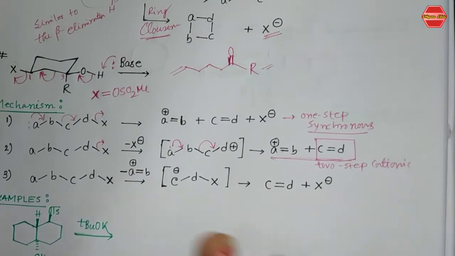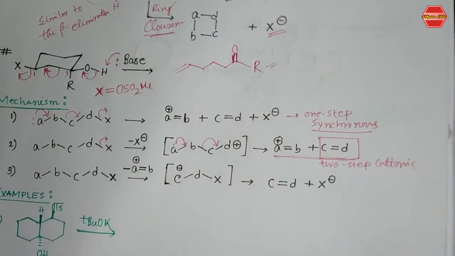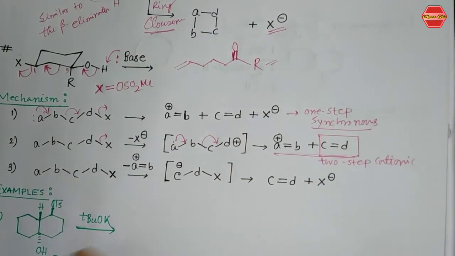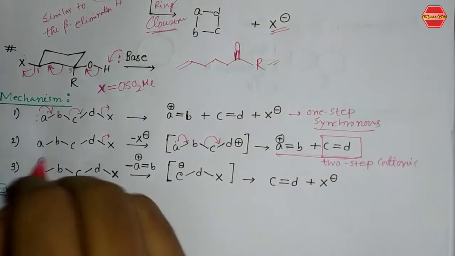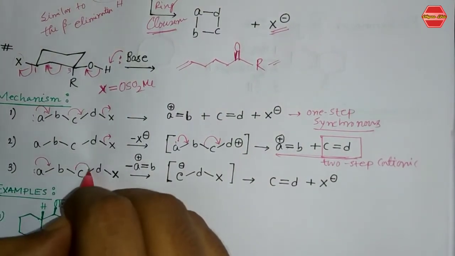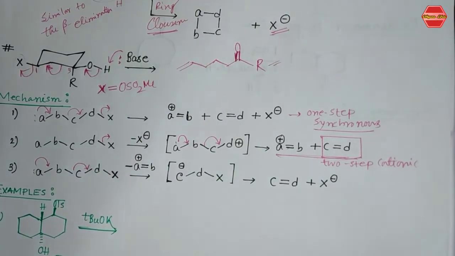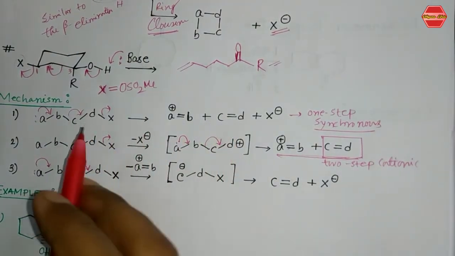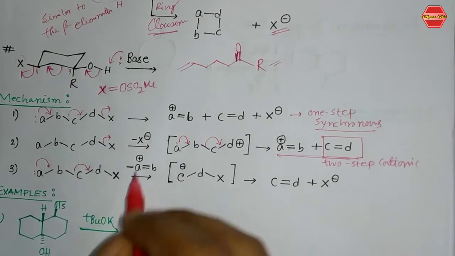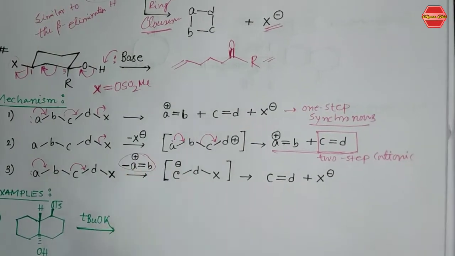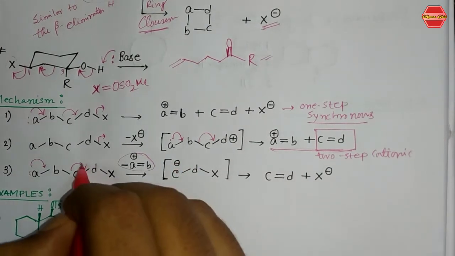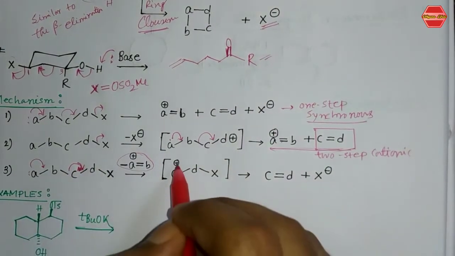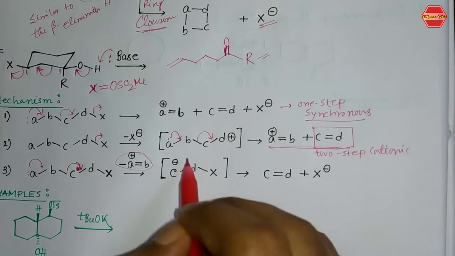Now the third type of mechanism is that if we have this lone pair over the A, it will go over here and it can go over here like this. So the electrofuge part will leave from the system first, then we are getting this negative charge over here, that is C minus, and we are getting this intermediate.